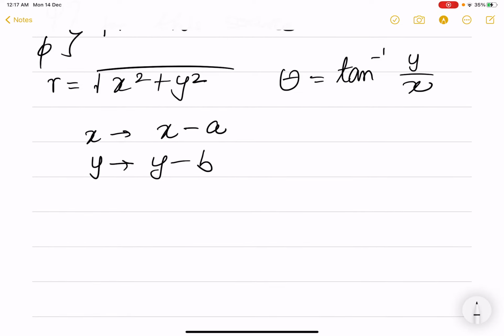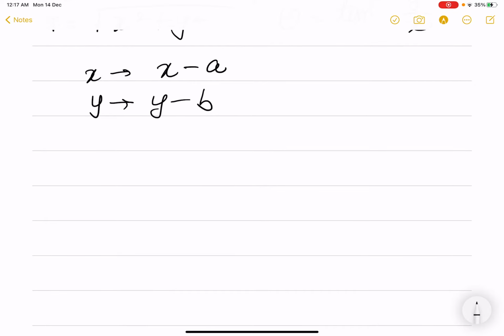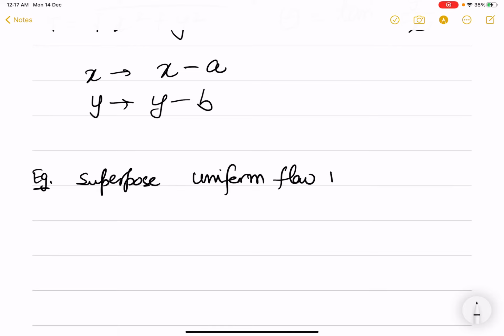Now, to illustrate how these things could be used, let us take another example where we superpose a uniform flow plus a source at minus a comma 0 and a sink at a comma 0.